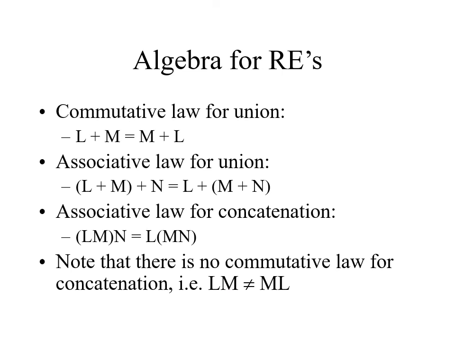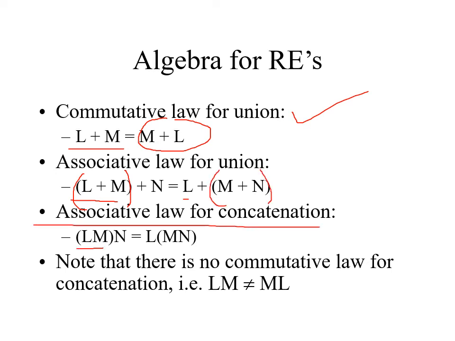Now this slide talks about the algebraic rules for regular expressions. L plus M is equal to M plus L. This is called the commutative law. Associative means L plus M whole plus N is equal to L plus whole M plus N. The associative law for concatenation is LM into N is equal to L into MN.